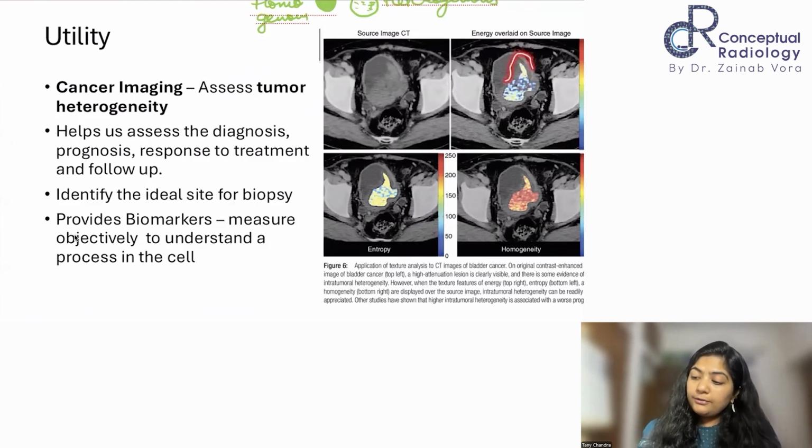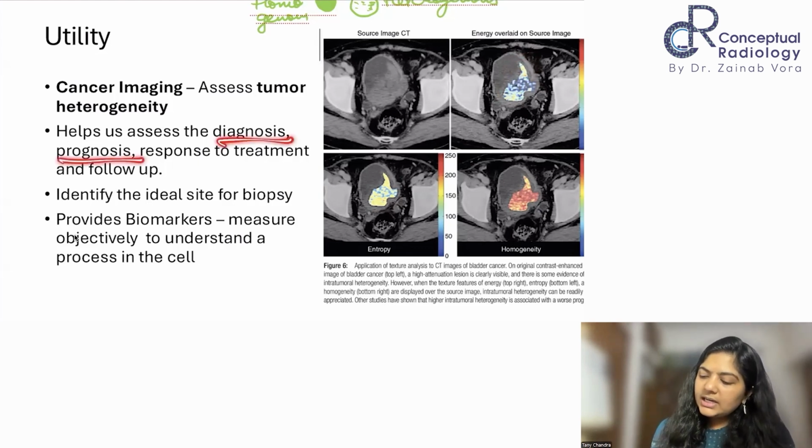Based on how different these cells are within one mass, we have to understand that this can actually help us predict the biology of the tumor, right? Just like histology, where we try to see the cells, that's just an example, but here you can also understand that this heterogeneity can help us in diagnosing, or in prognosticating, in response to treatment or follow up.